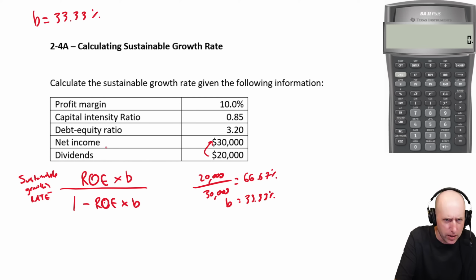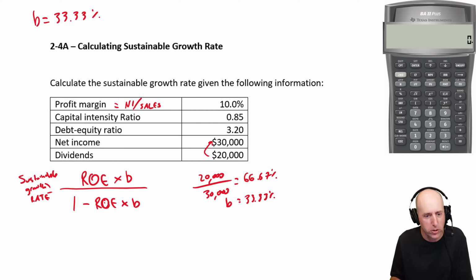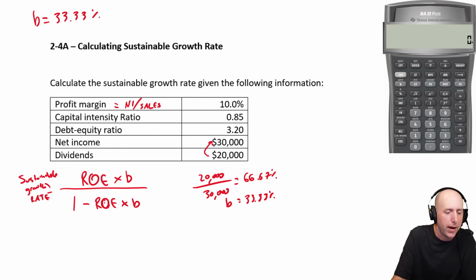To get there, you have to know these formulas. So our profit margin is net income divided by sales. This goes back to stuff we learned in chapter 1 when we did ratios. We looked at this ratio, and you have a ratio sheet you can refer back to. Capital intensity ratio is assets divided by sales.